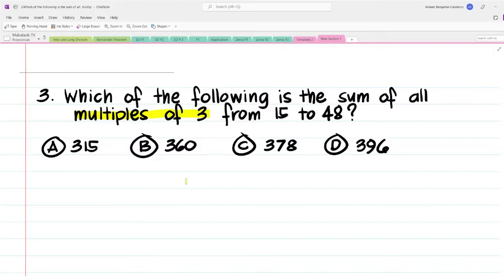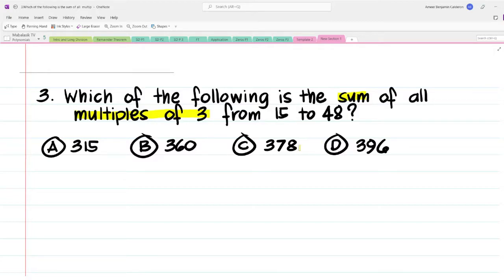Itong mga multiples of 3, ito yung 3, 6, 9, 12, and so on. Now, the second point is that the multiples of 3 na kukuhanin natin yung sum from 15 lang to 48. So, hindi kasama yung 3, 6, 9, tsaka 12.